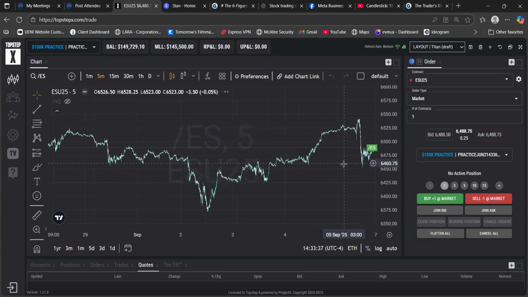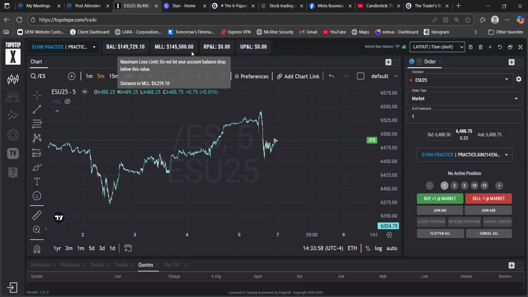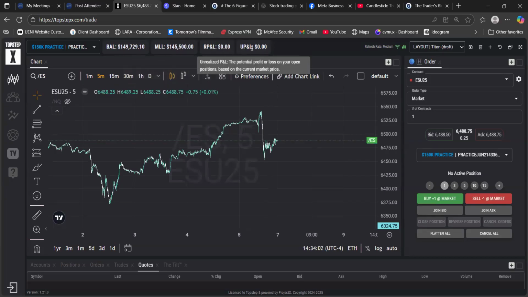And then once the market gets to moving, your price is going to move. The line of where your money is at is going to move. You're going to be able to see it, up here too. This is your P&L, profit and loss. This is a $150,000 account. This is the current balance of it. When you get into a trade, these numbers are going to be moving.